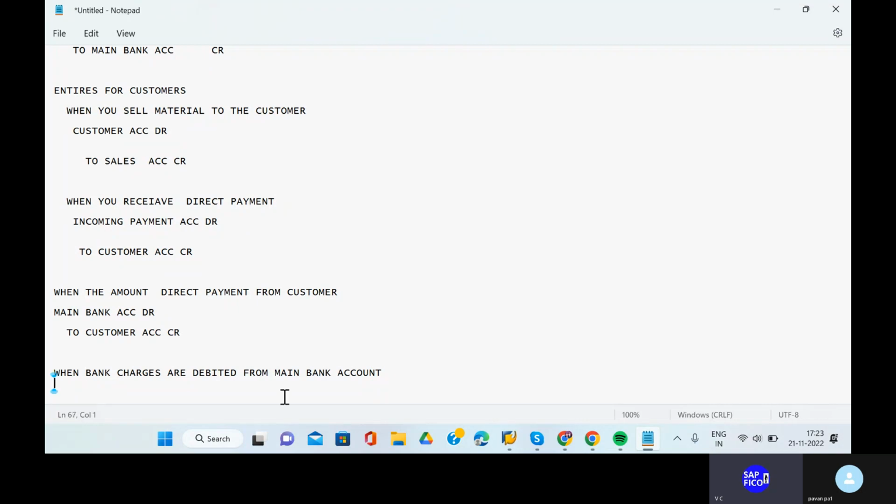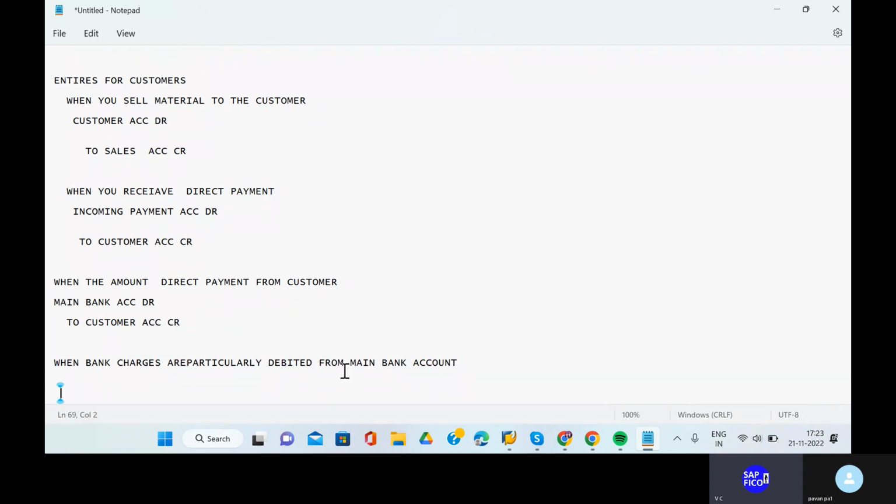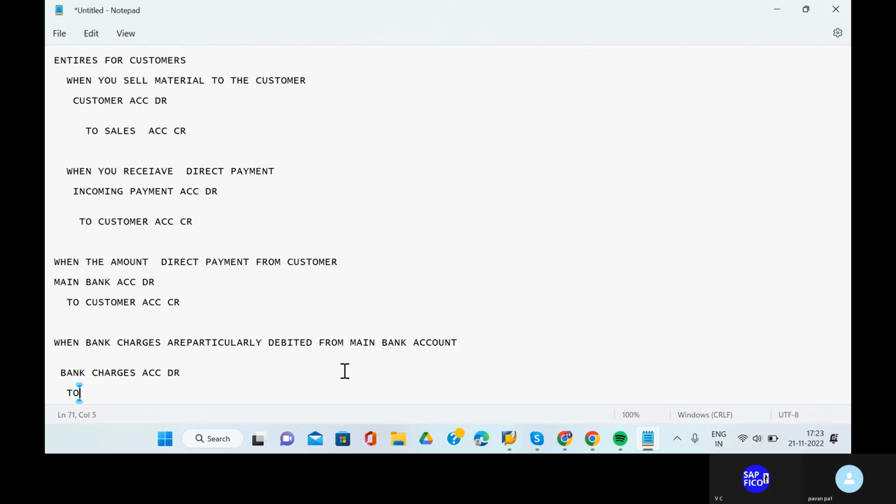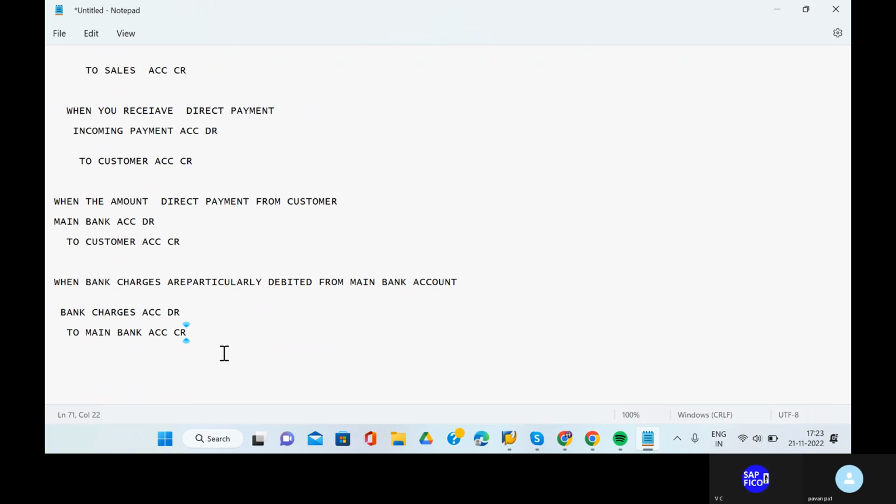Already I have told you about the configurations of the vendor bank charges and the customer bank charges. So the entry here is bank charges account debtor to the main bank account creditor, right? These things are mandatory first of all.